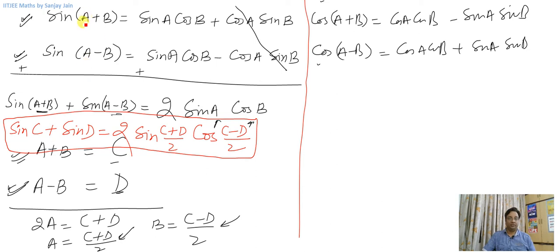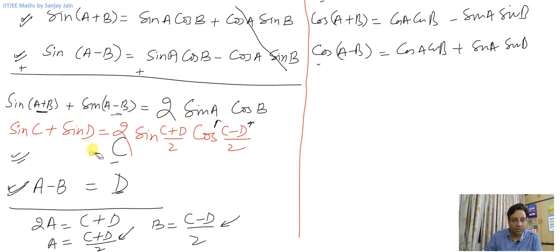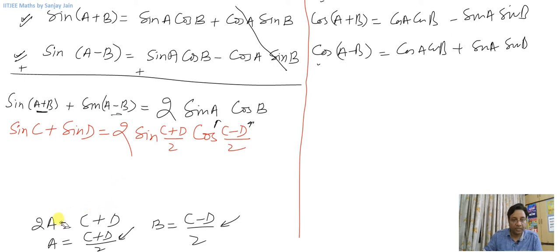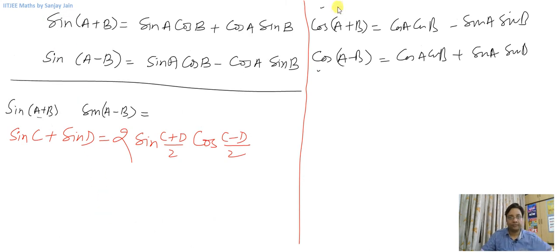We just had to subtract these and then we could get that formula. Let me write that formula also here, so that you can learn all these formulae in one go. And then we will write them at one place and try to memorize these. After that, we will proceed to the questions. Okay, so I have deleted whatever I didn't require.